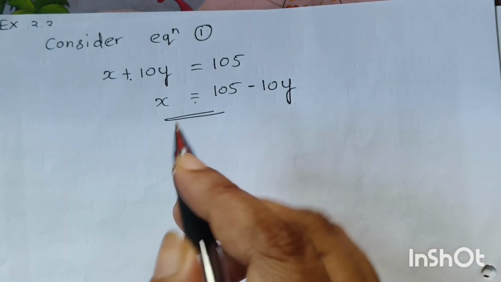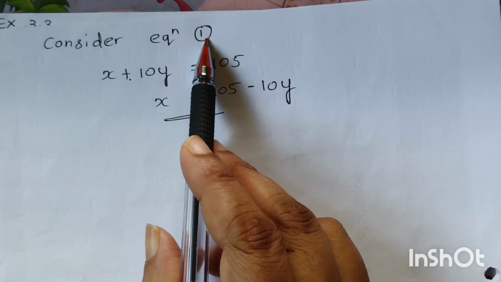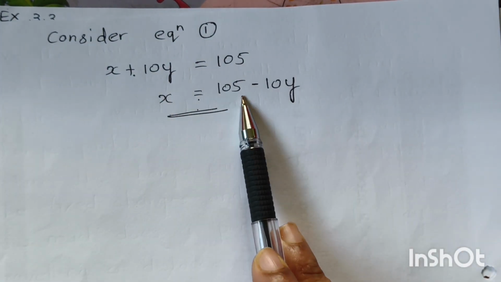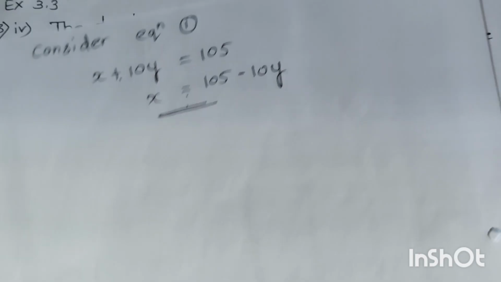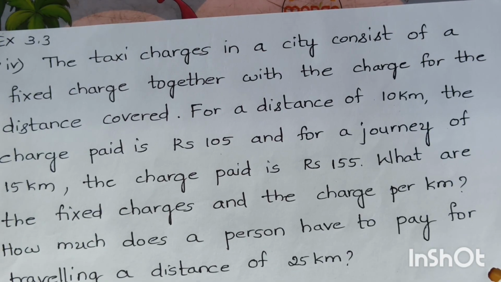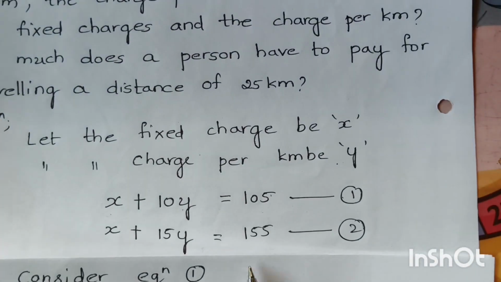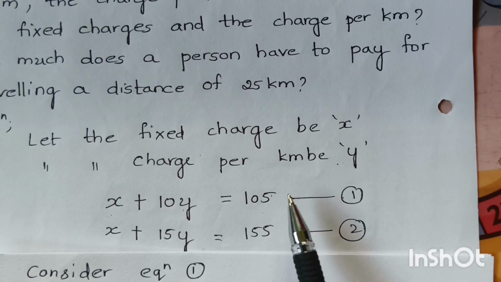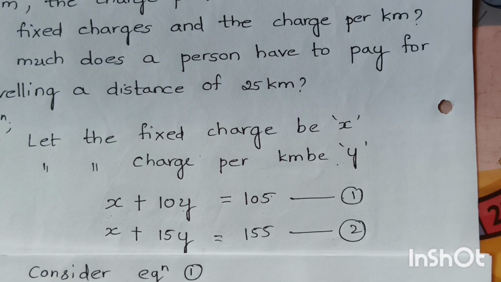We got the value of x from equation 1. Now let us substitute the value of x in equation 2. We got the value of x from equation 1 and we are substituting it in equation 2.